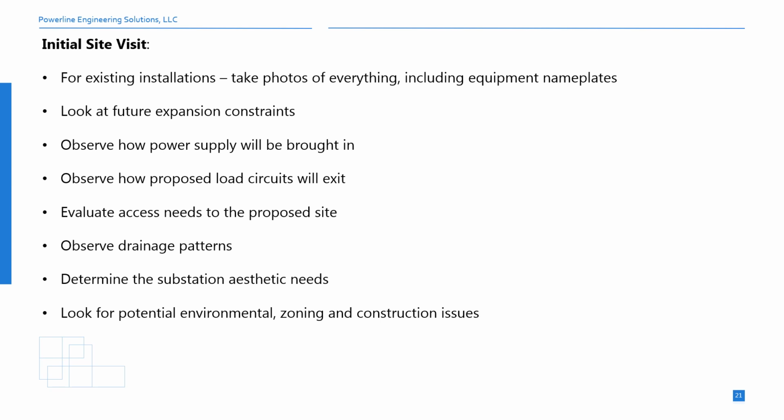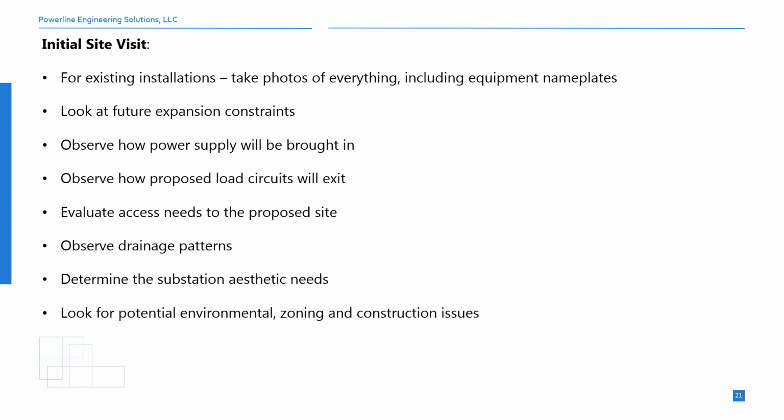An important early step in the substation design process is the initial site visit, especially for existing installations. It is crucial to take photos from all angles of all equipment and surrounding areas, including the equipment nameplates. Special considerations should be given to future expansions and any constraints associated with them.